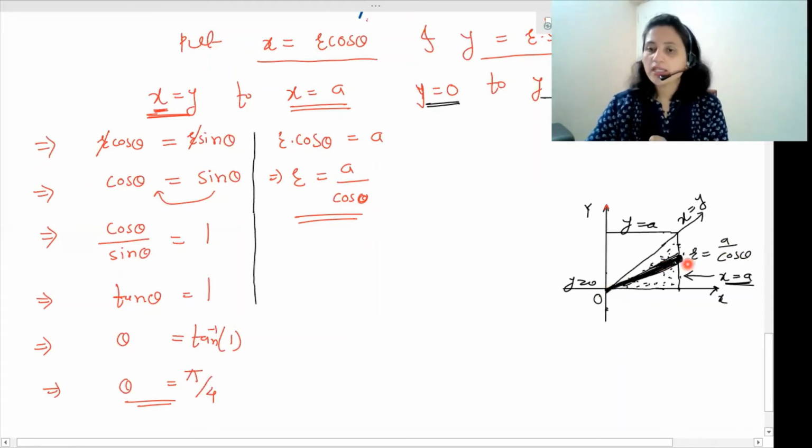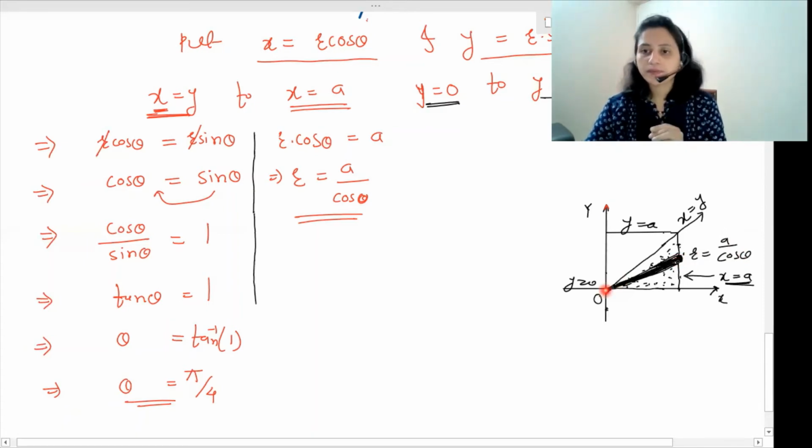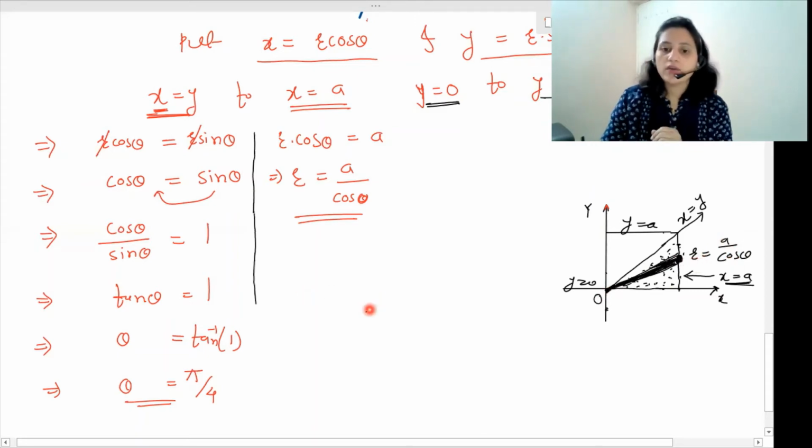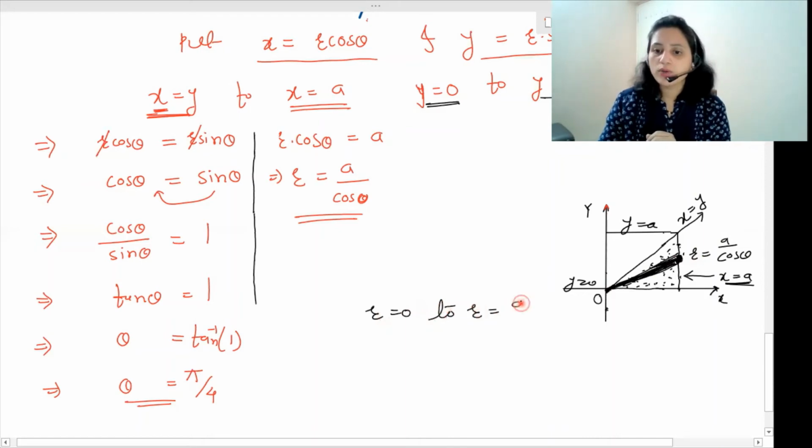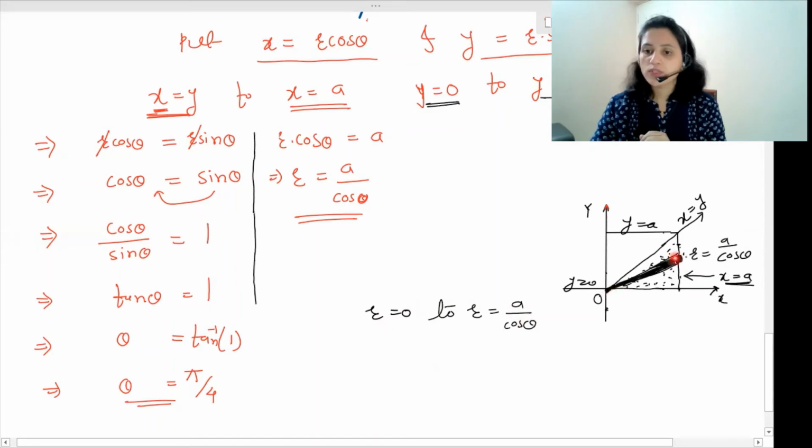R is nothing but the distance of that point from the origin. So what is the minimum distance of r? That is 0 itself, the origin. And the maximum distance of r is a by cos theta. So the new limits for r are r equal to 0 to r equal to a by cos theta.